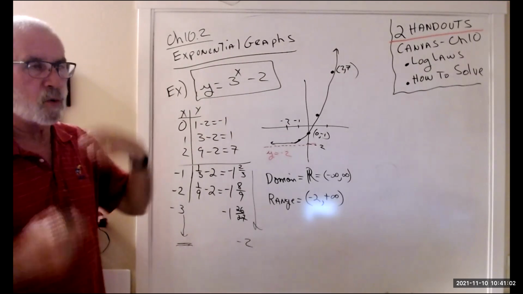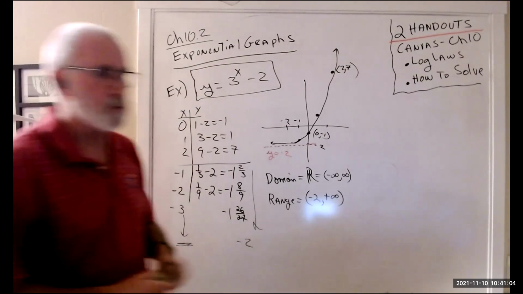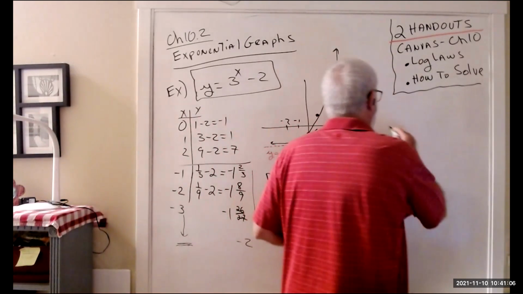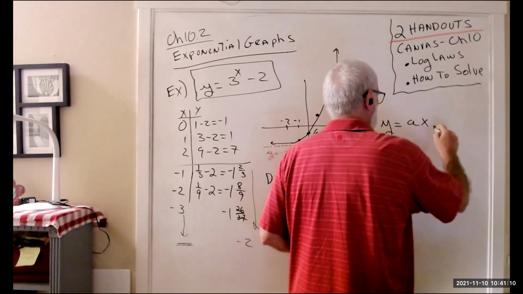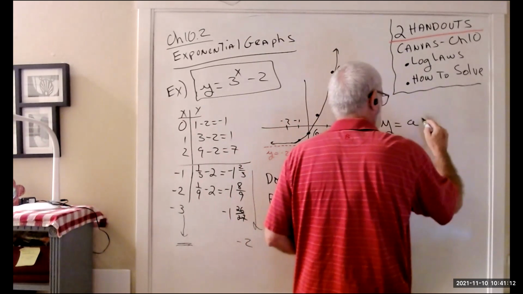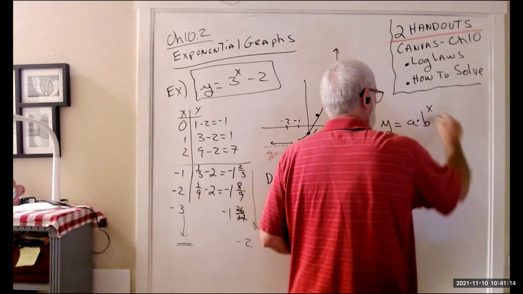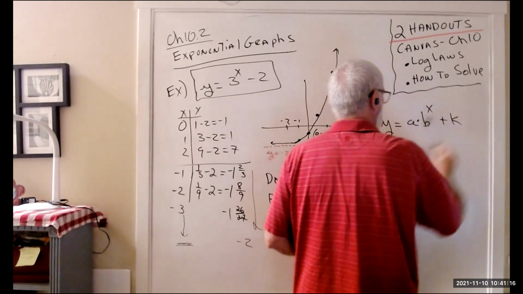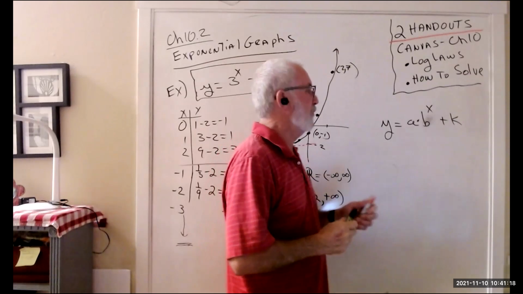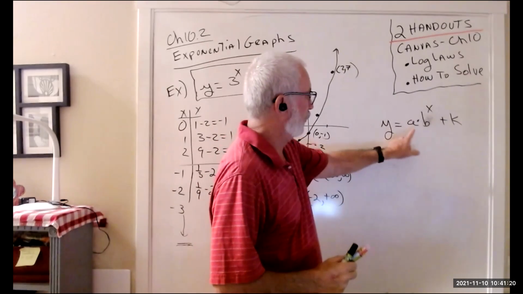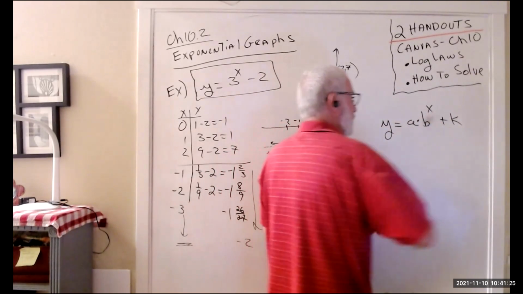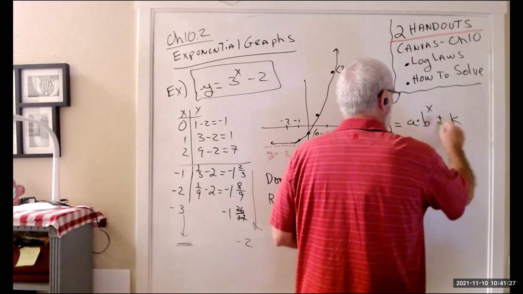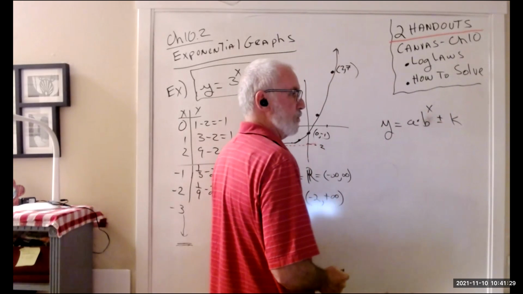So I want to show you what I expect you to do with MyMathLab. MyMathLab is concerned with the general form for an exponential: y equals a times b to the x, plus or minus a k number.